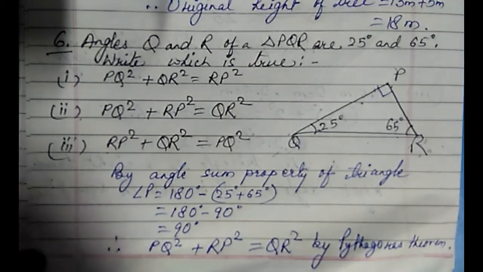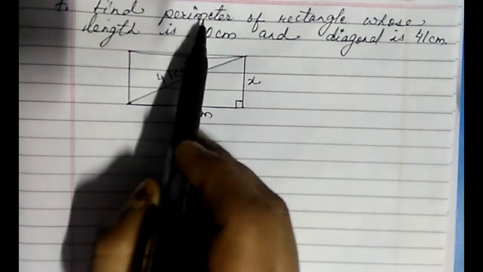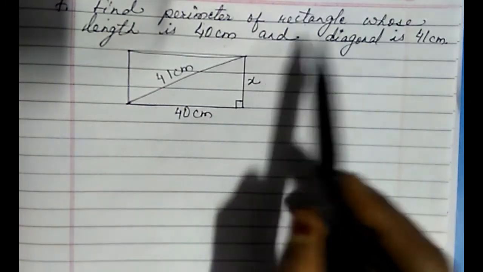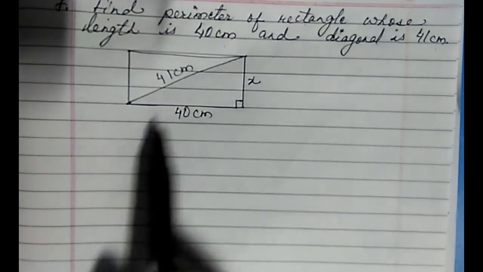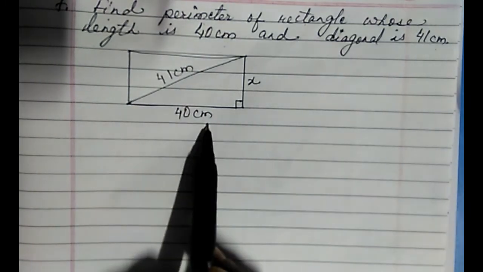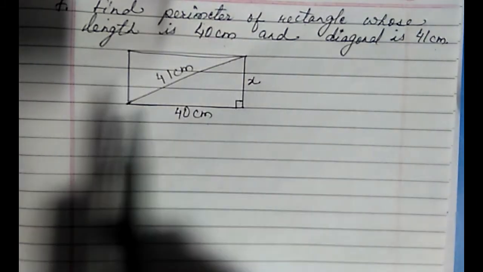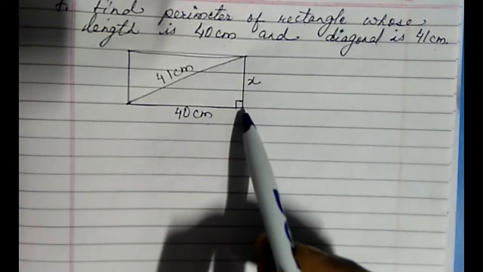Easy it was. So in question number 7, it is saying find perimeter of a rectangle whose length is 40 centimeter and diagonal is 41 centimeter. So I made a right angle triangle जिसकी length मेरे पास है 40 centimeter and the diagonal is given as 41 centimeter. But to find the perimeter, we must know the width also.